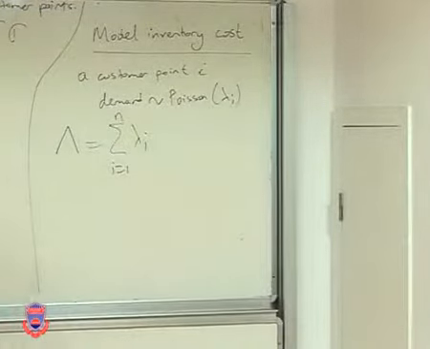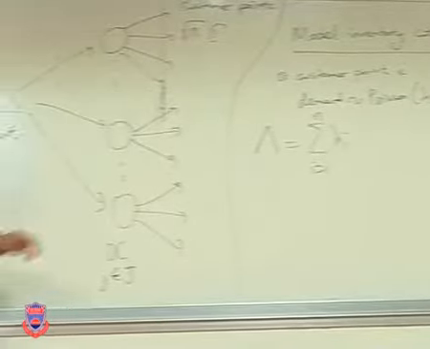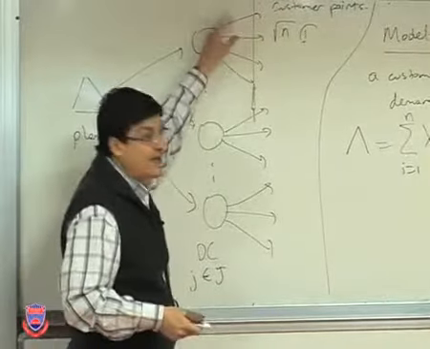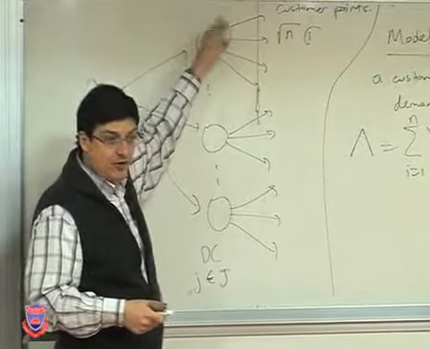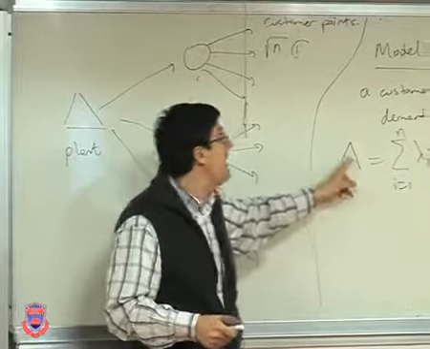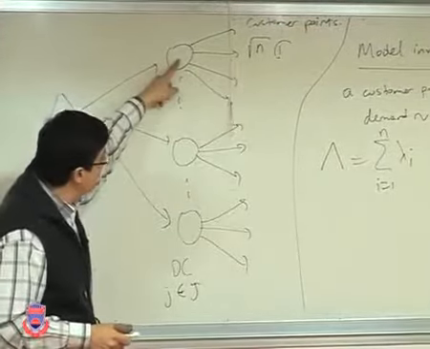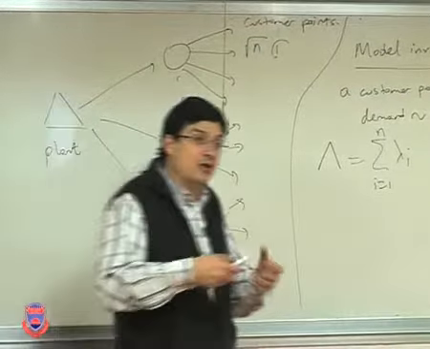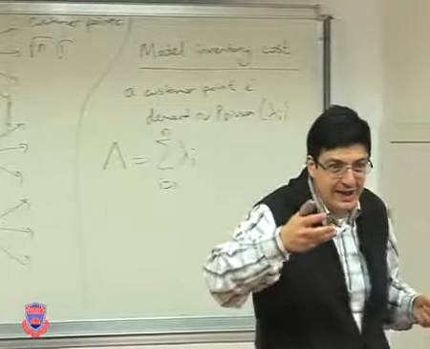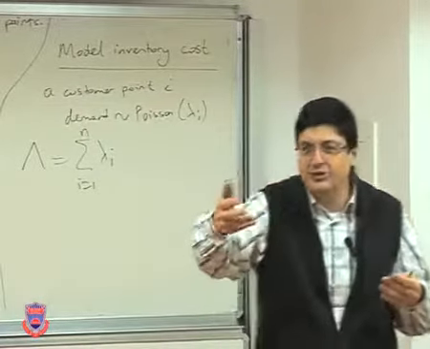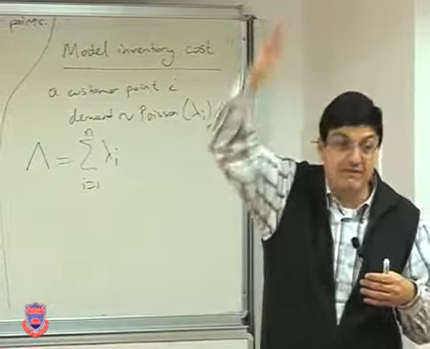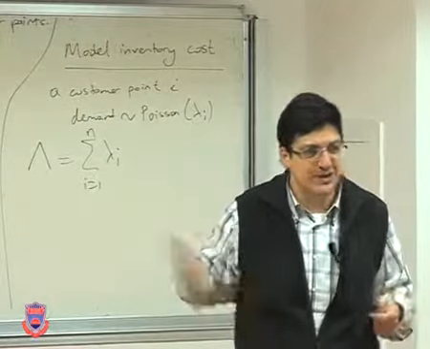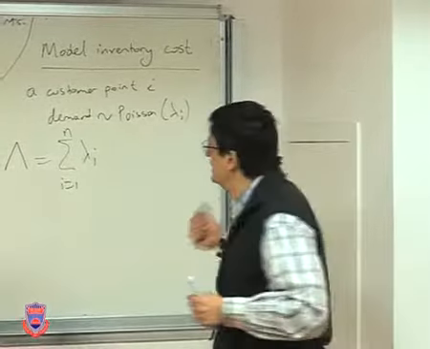What is the use of this capital lambda? As we bring n of these customer points together, we're going to have this demand observed by the DC. So we are going to model the DC inventory level in order to come up with the DC inventory cost. This is what they have been doing in the other paper.